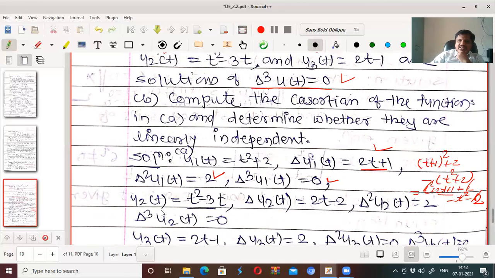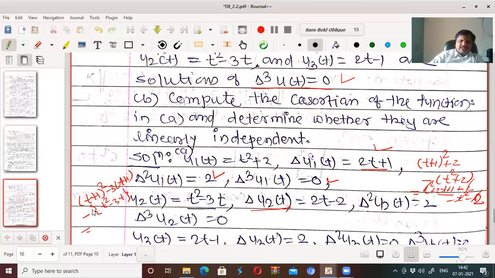Similarly, u2(t) equal to t square minus 3t. So delta u2 is equal to u2(t plus 1) minus u2(t). If I replace t by t plus 1, we get (t plus 1) whole square minus 3 into (t plus 1), minus in brackets t square minus 3t.